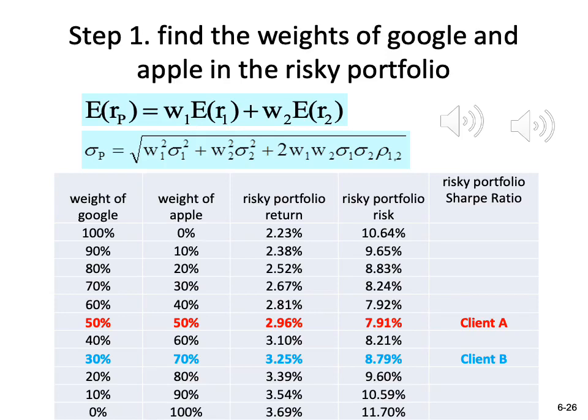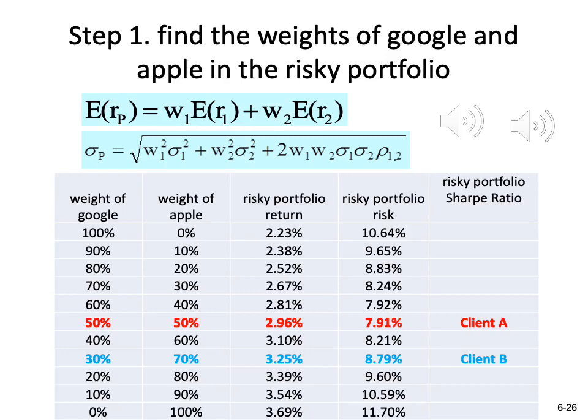Of course, you can decrease the weight of Google by 1% each time. In that case, you would create a 100-row table, but we don't have time to do that. For illustration purposes, we're going to decrease the weight of Google by 10% each time, until you reach 0% money in Google and 100% money in Apple.